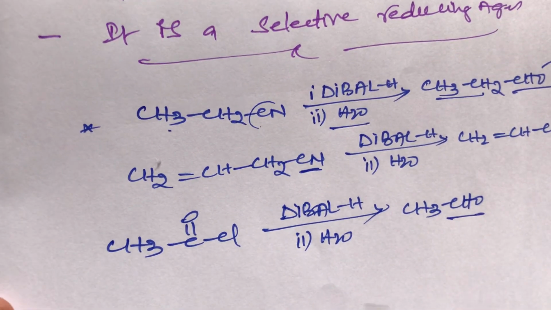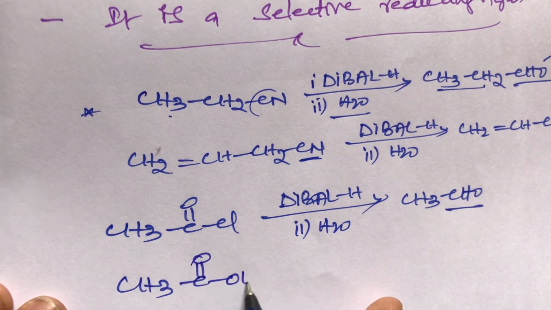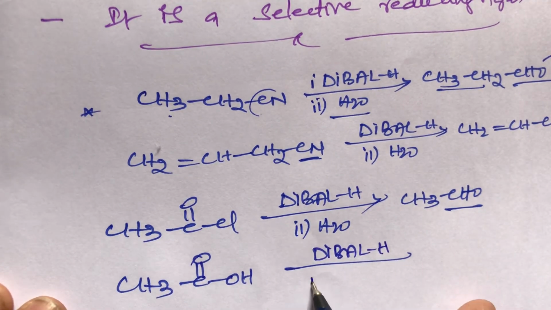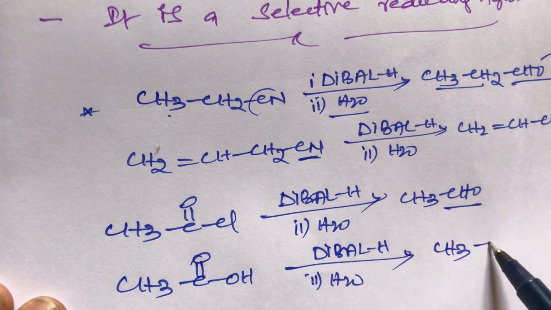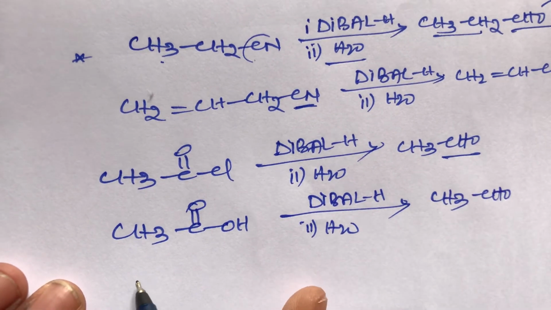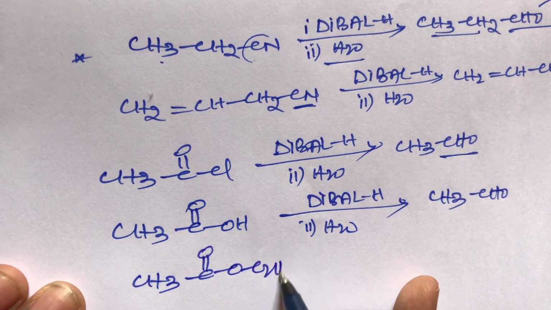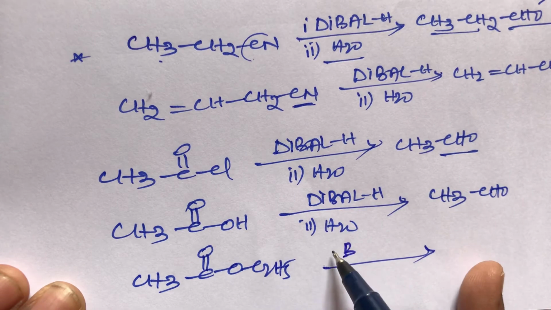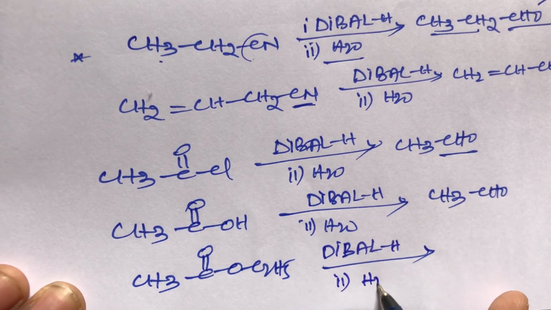And one more example, for acid group, students: CH3COOH in the presence of dibal, and second step water. It also gives aldehyde, CH3CHO. The last one is ester group. Example: CH3COOC2H5, that is ethyl acetate, in the presence of dibal, and second step is water.